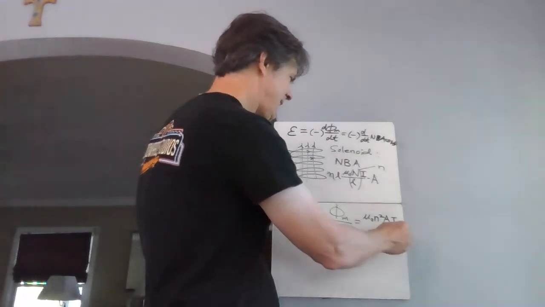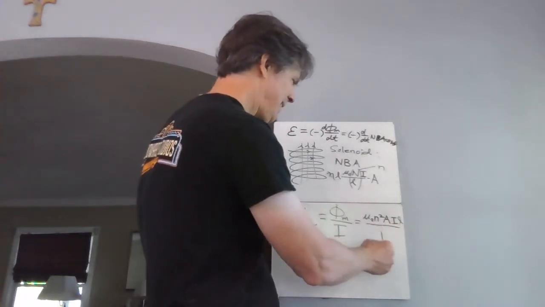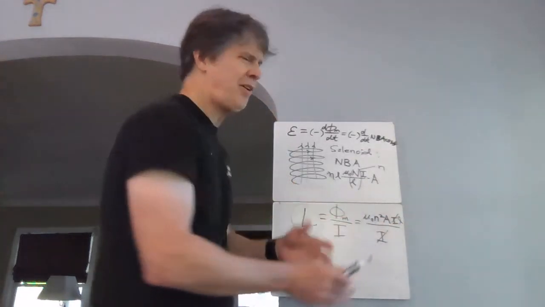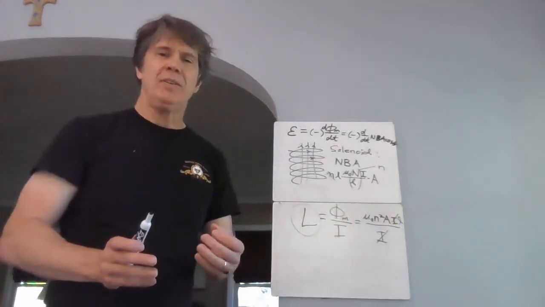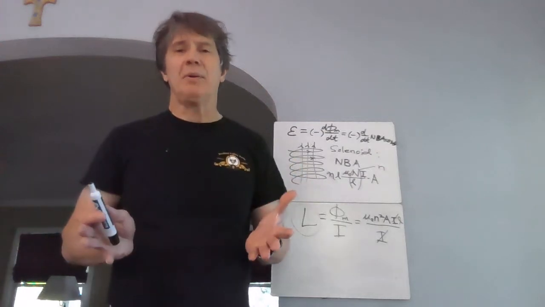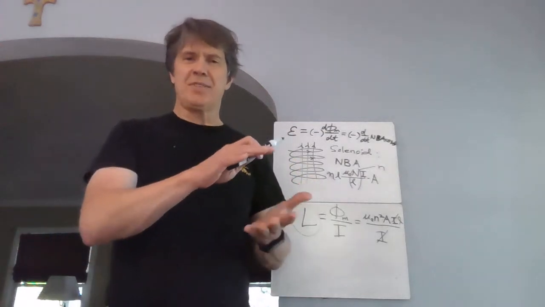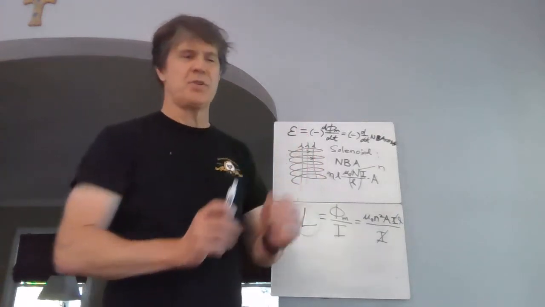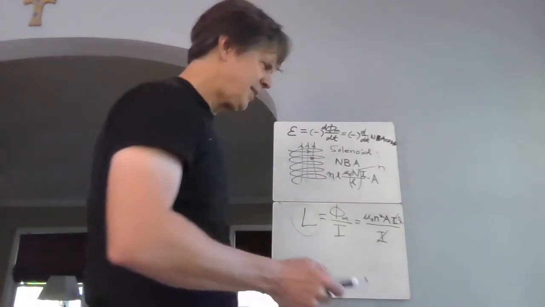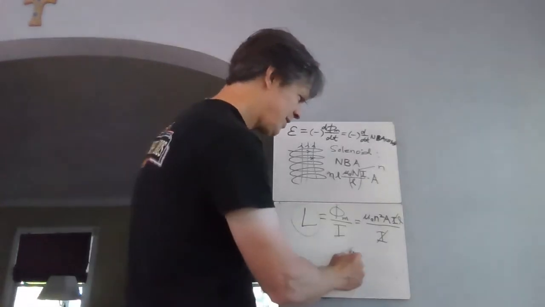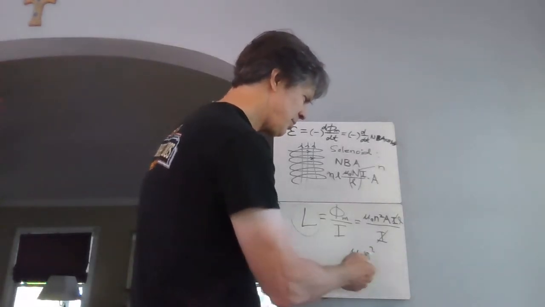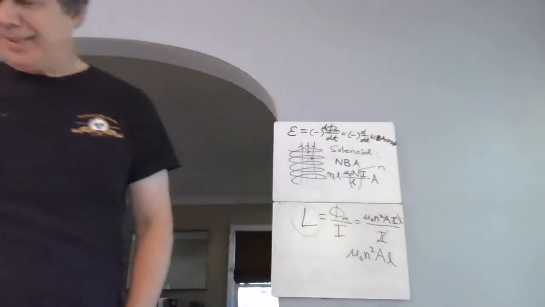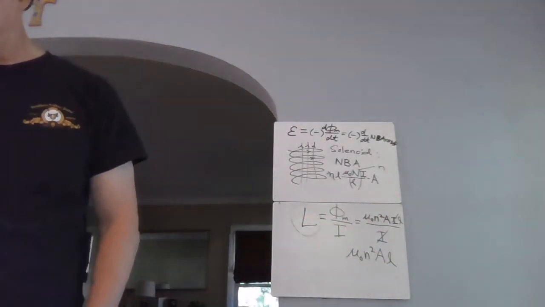So anyway, I get that, and then I divide it by the I, as I'm supposed to, because I'm not supposed to be thinking it's the I's fault. It's kind of like with a capacitor. You don't include the voltage of the battery in the capacitance because for a given battery you get a certain capacitance. Anyway, I get this expression for the inductance of this thing. It's mu naught times the number of turns per unit length squared, A L. And I'm pretty sure I did that right.